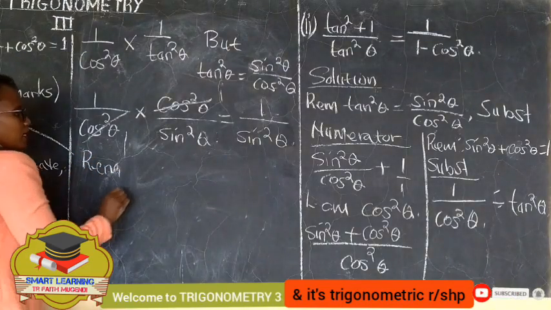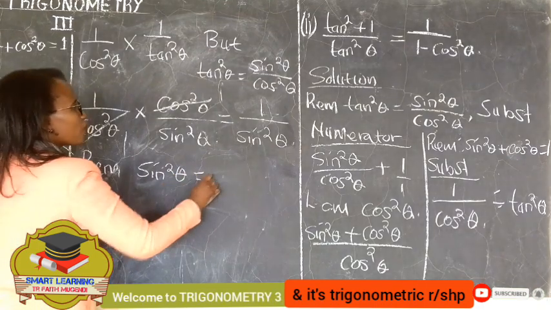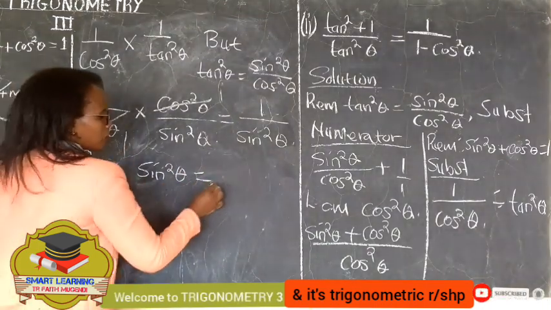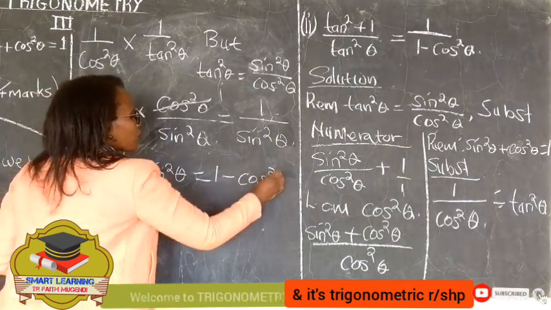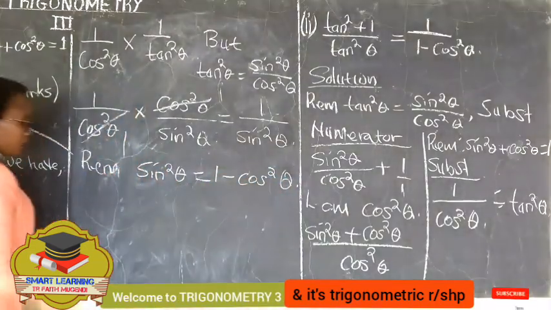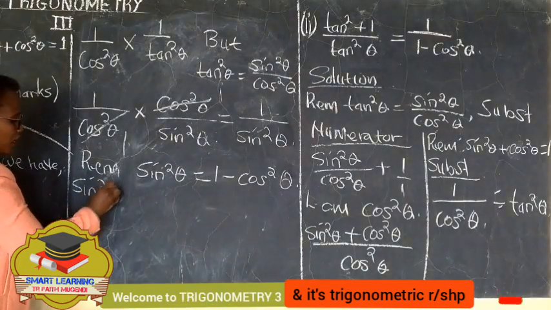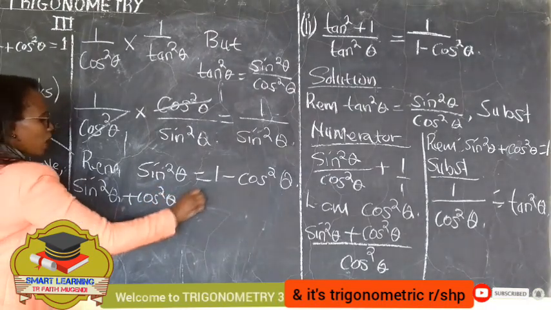But sine squared theta, if we use the relationship, is equivalent to 1 minus cos squared theta. This is because we said that sine squared theta plus cos squared theta is 1.